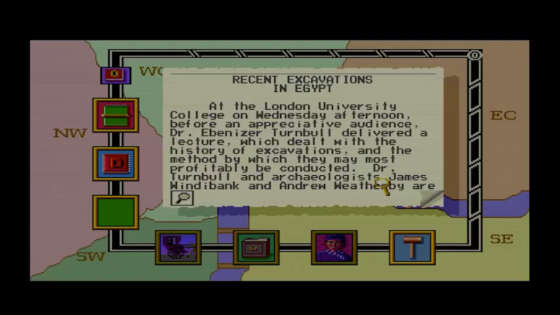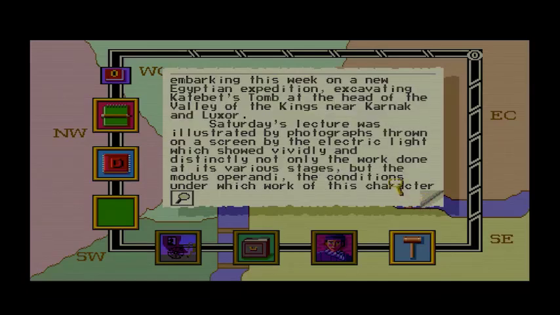At the London University College on Wednesday afternoon, before an appreciative audience, Dr. Ebenezer Turnbull delivered a lecture which dealt with the history of excavations and the method by which they may most profitably be conducted. Dr. Turnbull and archaeologists James Windebank and Andrew Weatherby are embarking this week on a new Egyptian expedition, excavating Katebet's tomb at the head of the Valley of the Kings near Karnak and Luxor.